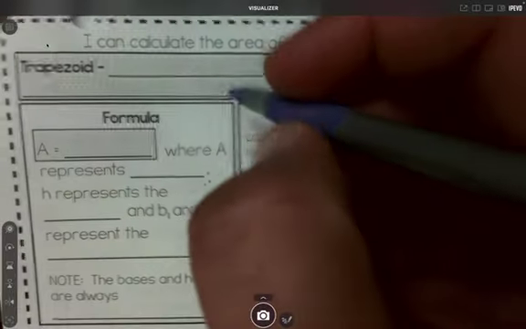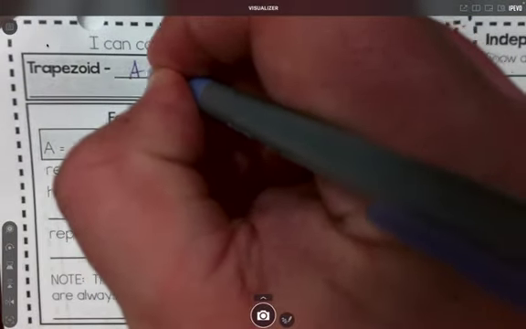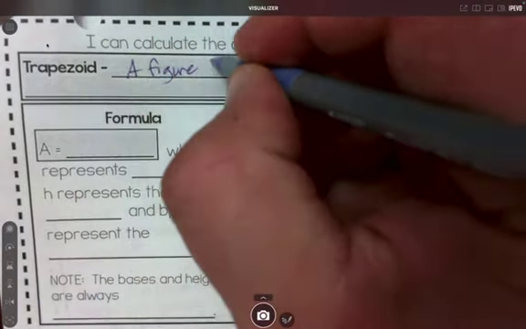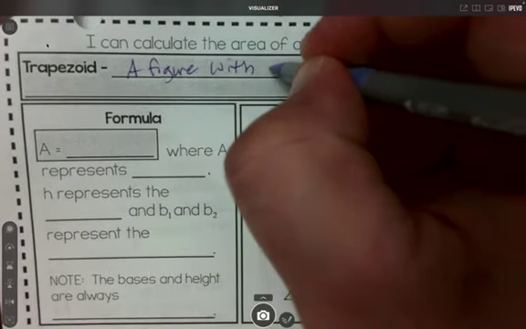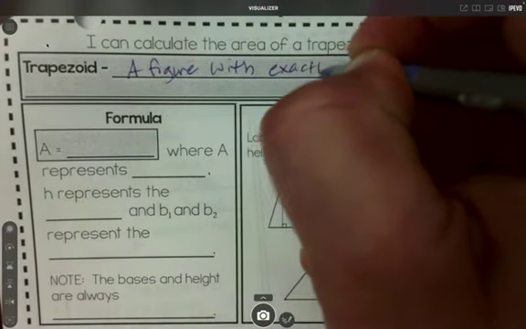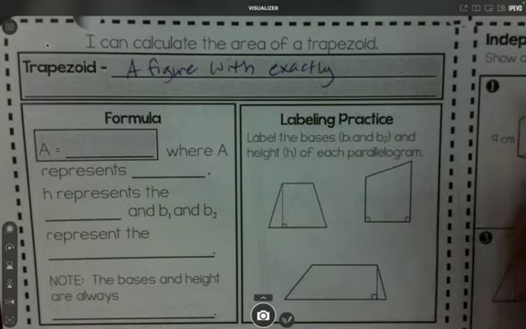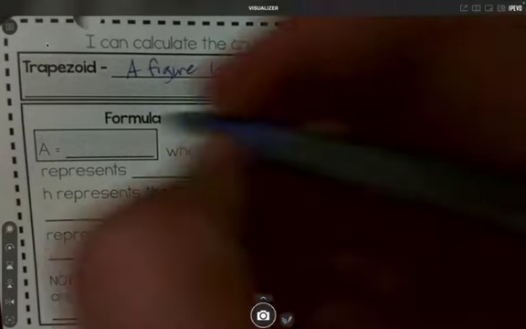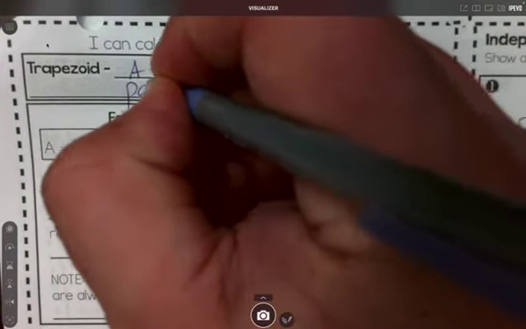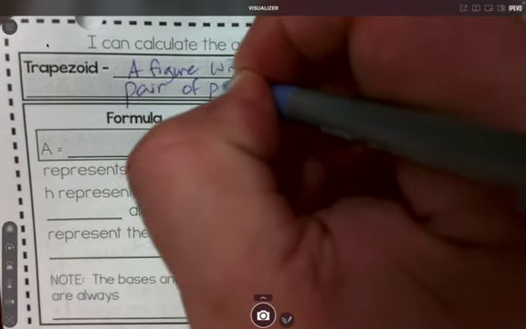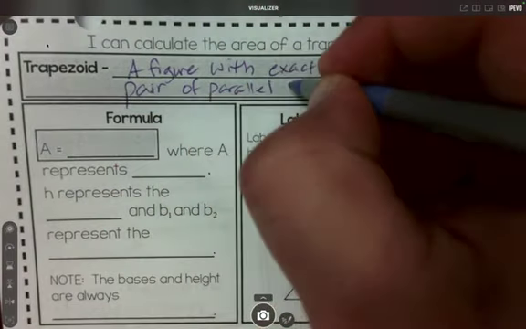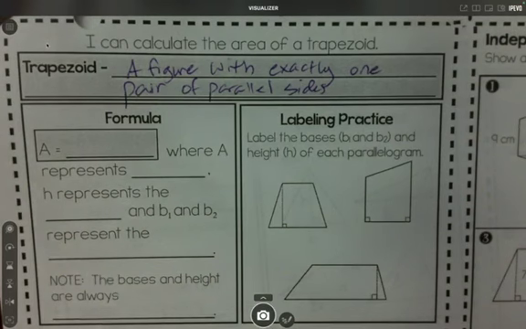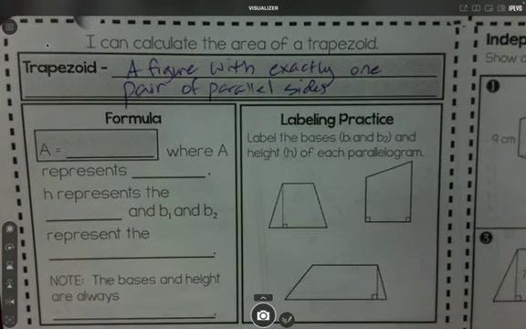But trapezoids are a figure with exactly one pair of parallel sides. So while parallelograms have 2 pairs of parallel sides, trapezoids have just 1 pair of parallel sides, and only one.